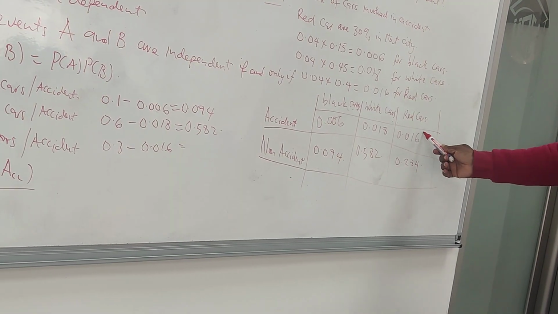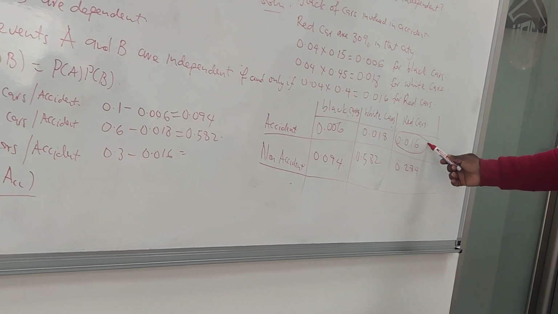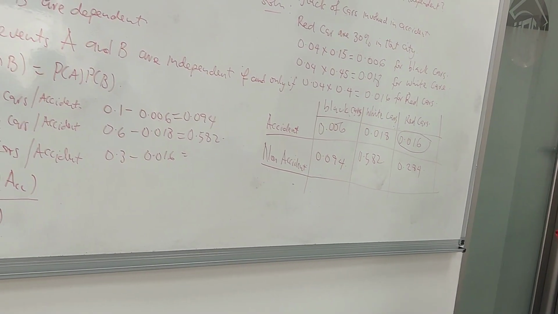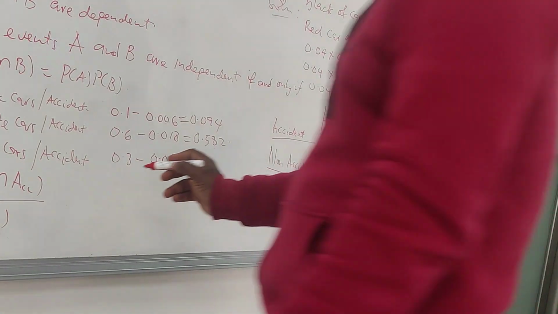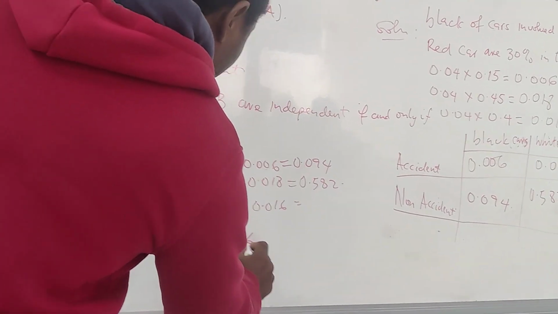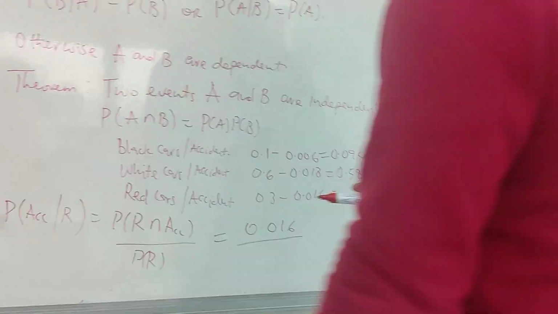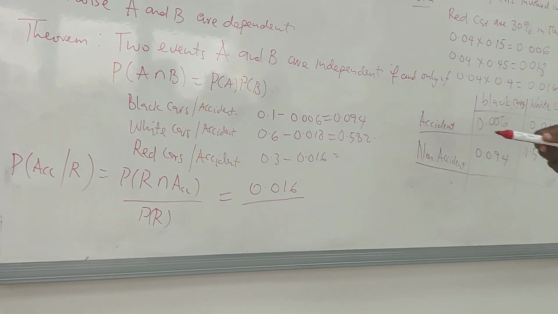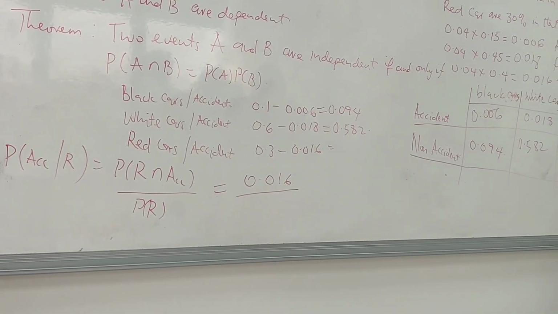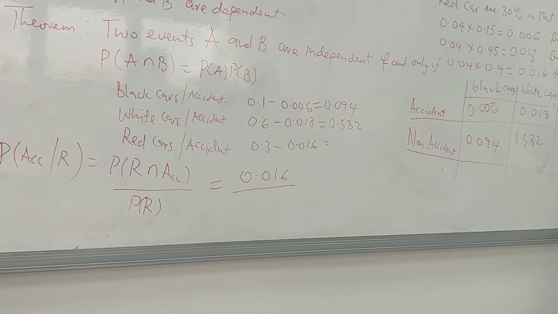So this is the intersection of both. So we have 0.016 divided by the whole probability of R. This is all the probability of R.